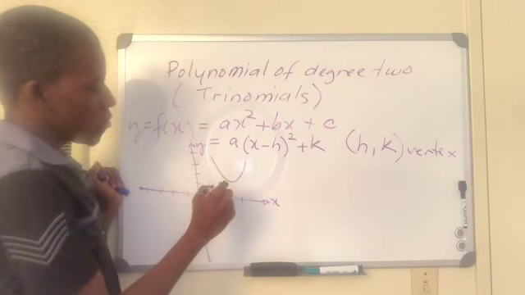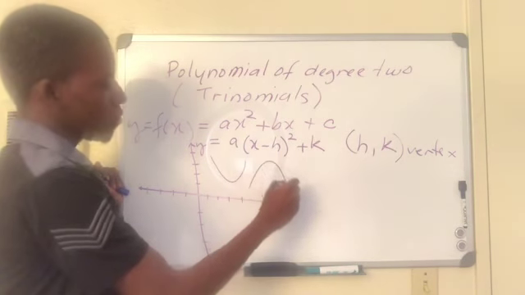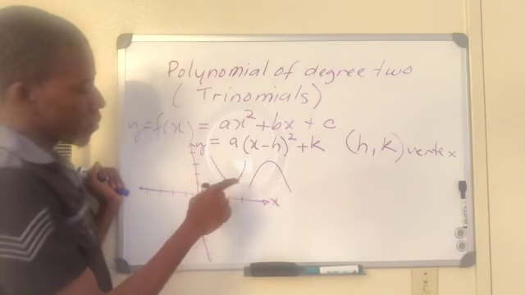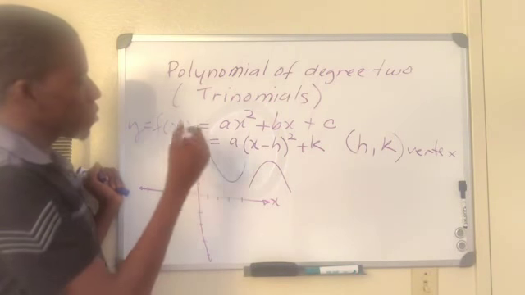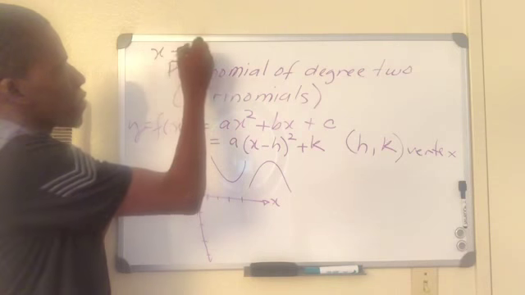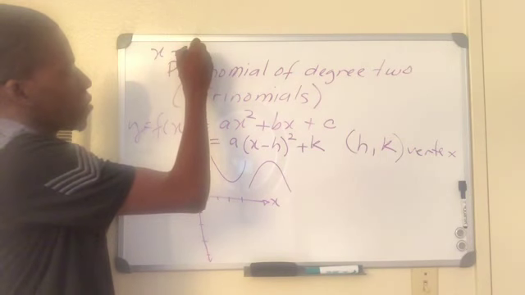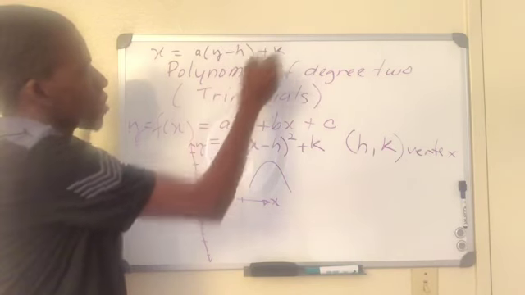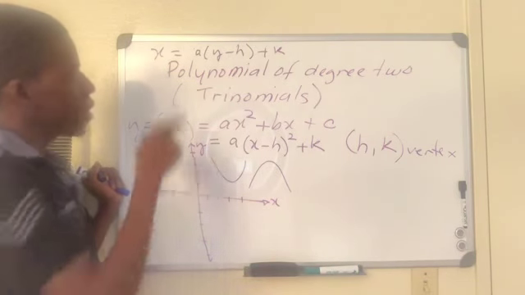If it's negative, it's open downward. Okay, so the same rules go if I have x as a function of y, times y minus h plus k. It goes the same way.